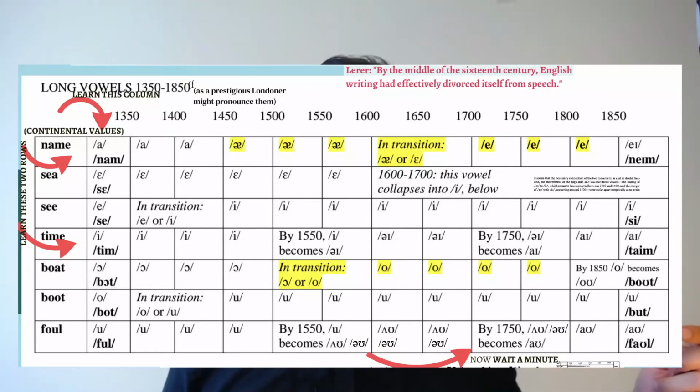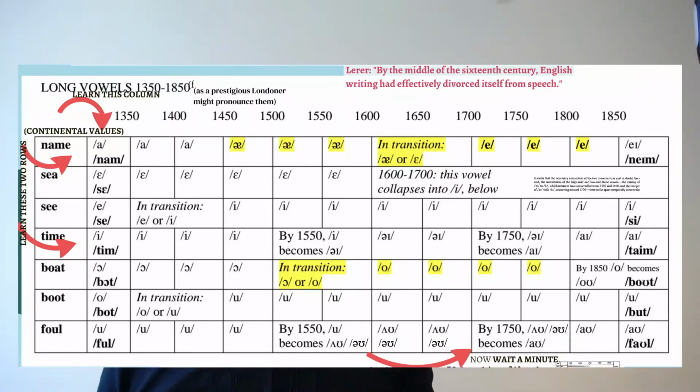Boot and foul. Notice the diphthongizations that happen here, right? Those words in Middle English before 1350, we pronounce those as nam, se, team, bought, boat, right? Bought, boat, fool. Notice all of these are monophthongs. They are pure monophthongs. They are not diphthongized yet.